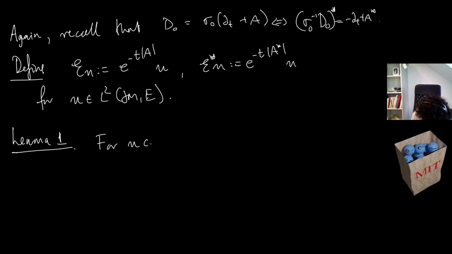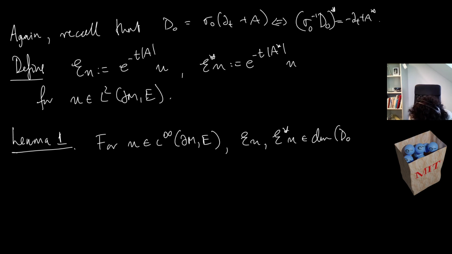For U in C infinity partial M of E, we have that E of U and E star of U is in dom d naught max. Oops.